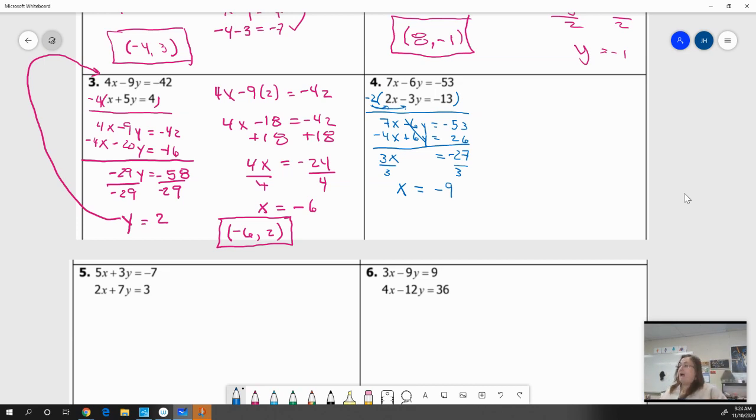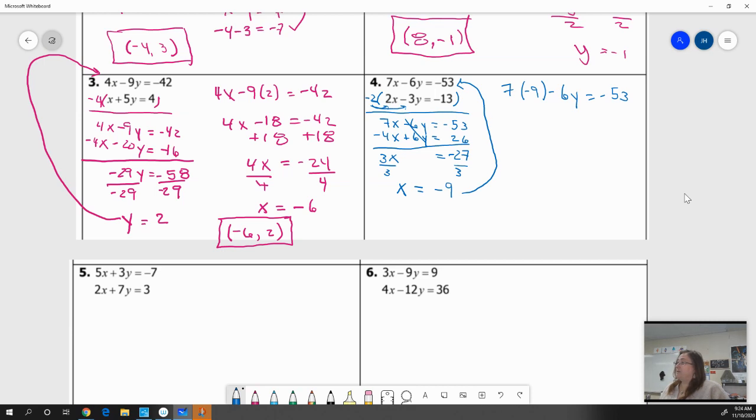Now we need to go back and find our y value. We're going to take this x, and we're going to plug it in here where the x is, and we should be able to find our y. So we've got 7x. So 7 times negative 9 minus 6y equals negative 53. 7 times 9 is 63.